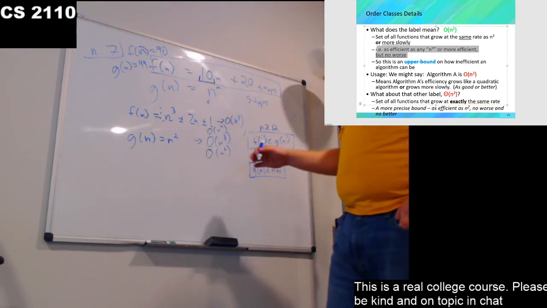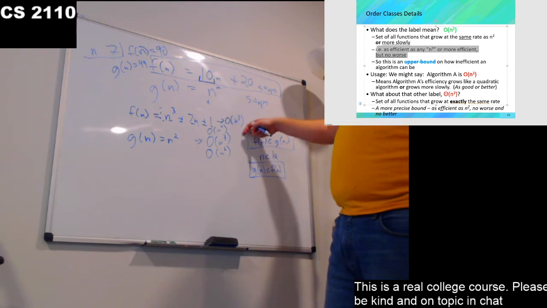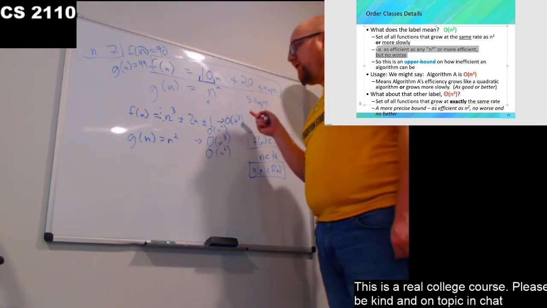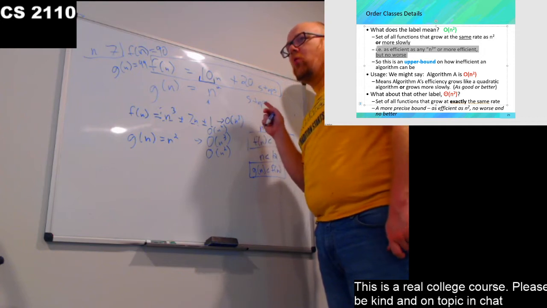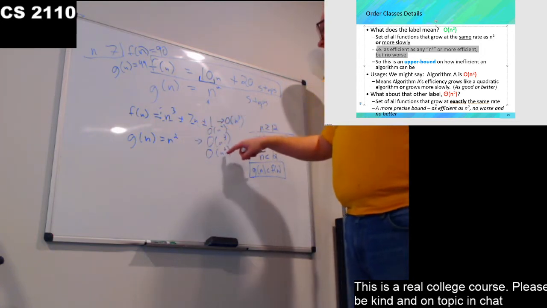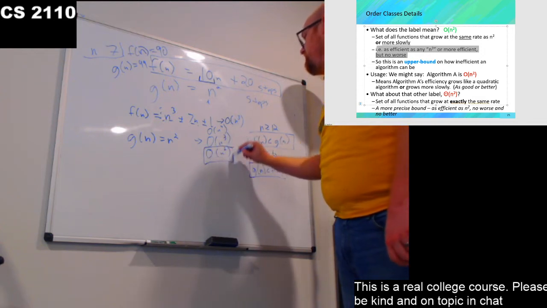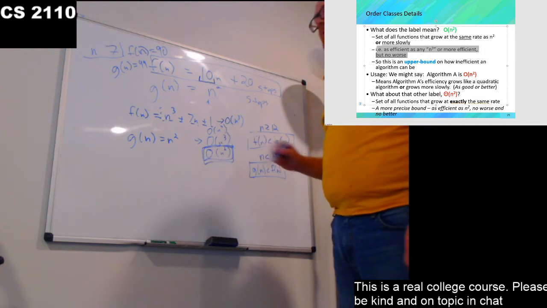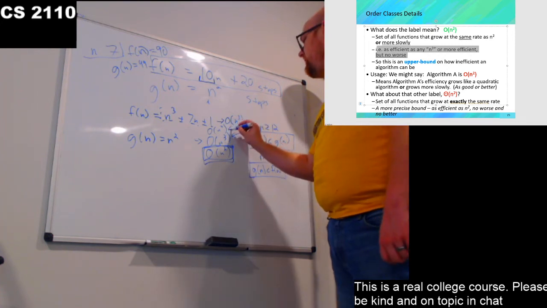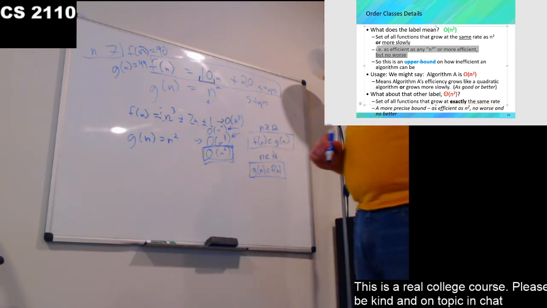All this means is that big O says the function is as efficient as O of n cubed or better. So technically, for n squared, the best thing to say is that it is O of n squared, but it is true that it is also O of n cubed and O of n to the 4.